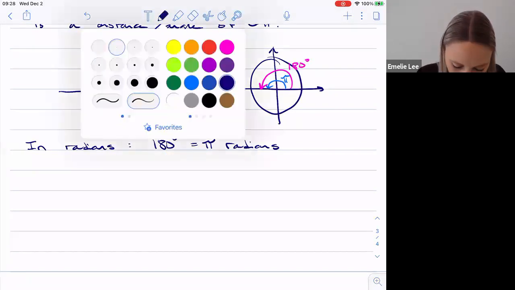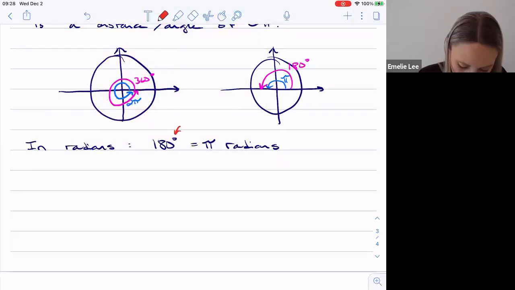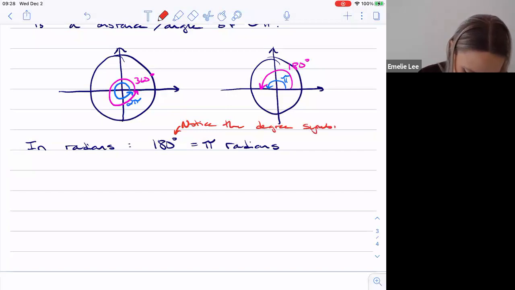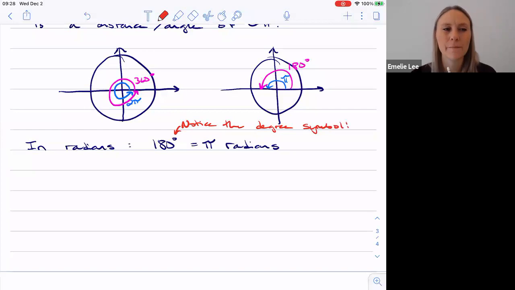Okay. So notice the degree symbol. I want to highlight that if it's in degrees, there will always be a degree symbol. Whereas in radians, we don't necessarily have a unit and we don't need to. If I say 2 pi, I know it's going to be radians.